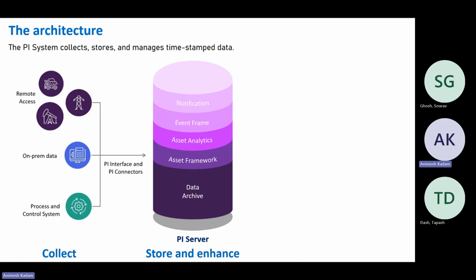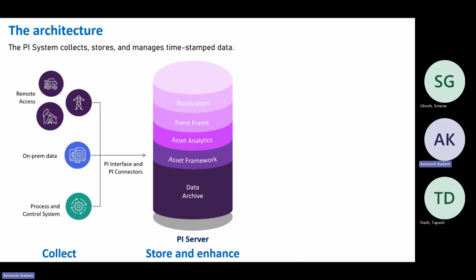The data will be stored inside a file called an archive file, with the extension .arc, and the data will be stored inside the Pi data archive. We call it the Pi server. So whenever we say Pi server, we are referring to the Pi data archive, most of the time.